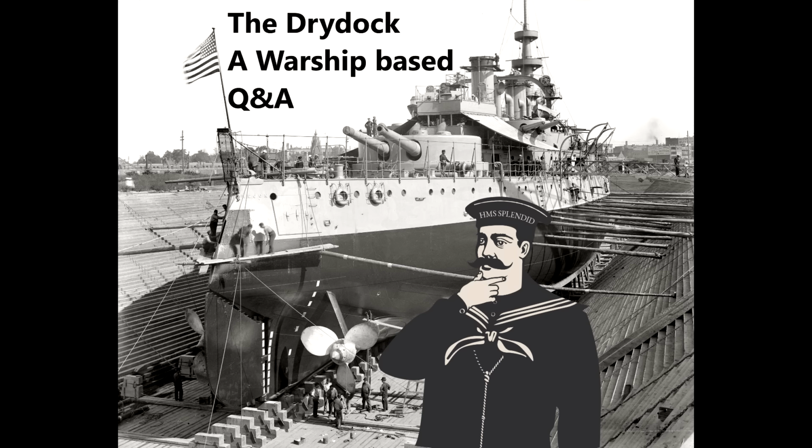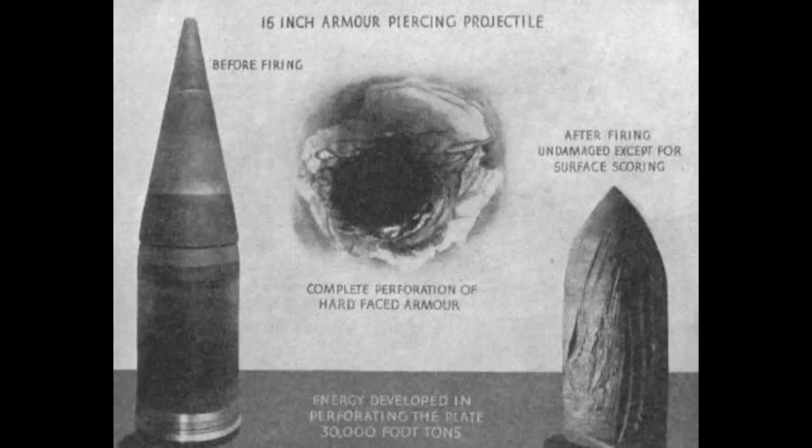So the first problem you run into with these kinds of comparisons is that there is no universally agreed way of comparing all of these armours. Even at the time, when you were moving from iron to compound, or compound to Harvey, or Harvey to Krupp, different people gave somewhat different equivalences.